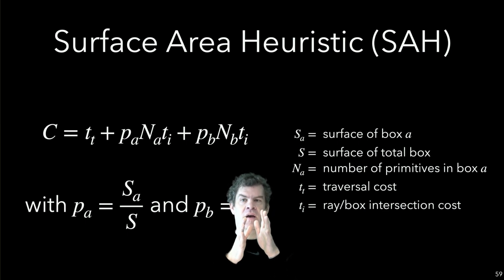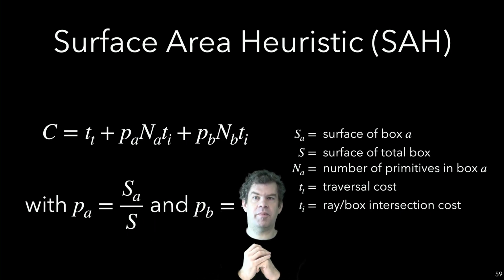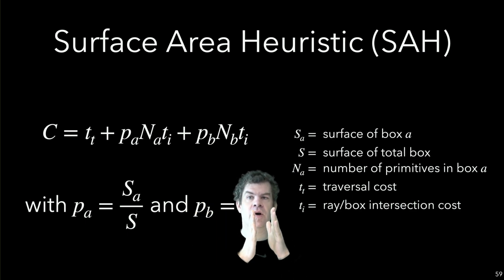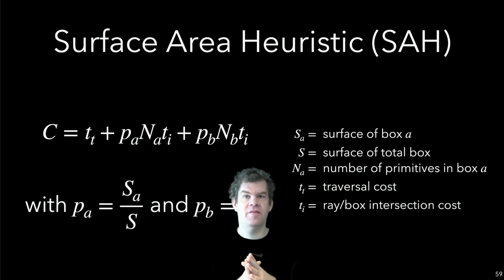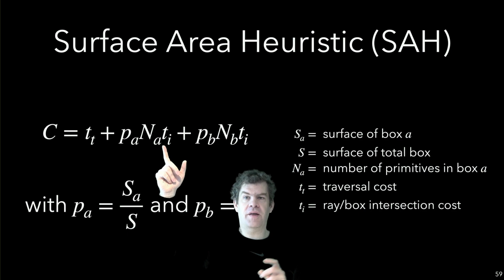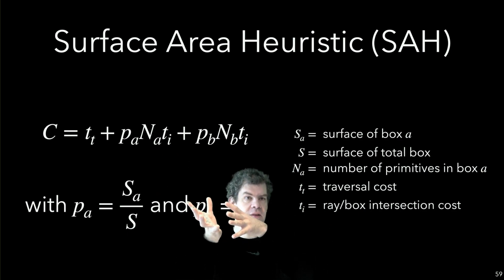And then there's a certain probability that I end up in one side, and that's PA. PA is the probability that we go to side A, and then we have to do a certain amount of work on side A, and that is proportional to the number of primitives in that side. So that's exactly my number of triangles times probability, and then I need to multiply with some other TI cost, that is basically the work I have to do to figure out that I'm in this side.